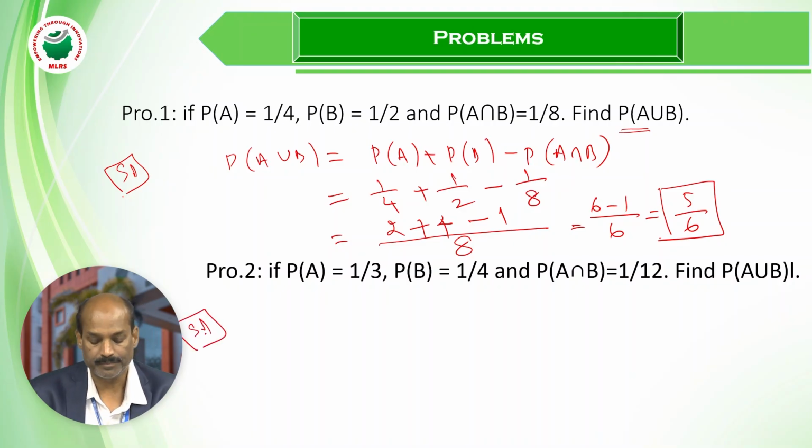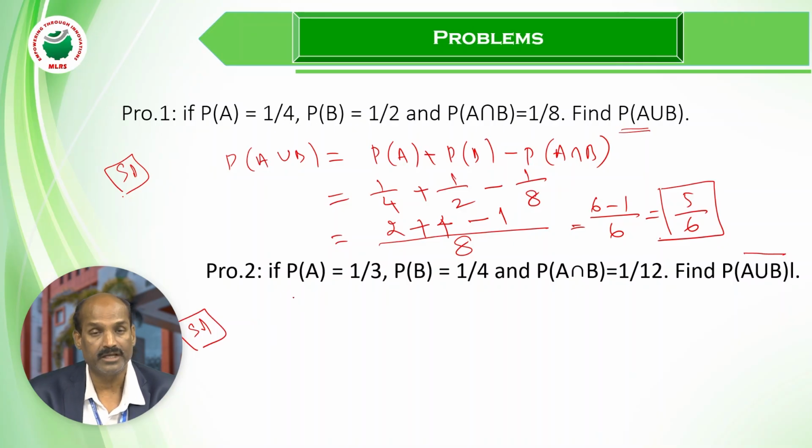In the second problem, if probability of A equals 1 by 3, probability of B equals 1 by 4 and probability of A intersection B equals 1 by 12, then find probability of A union B complement. In this also we will use the additive rule to find this value.